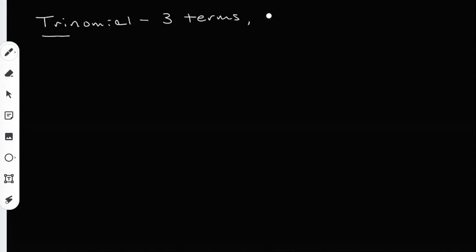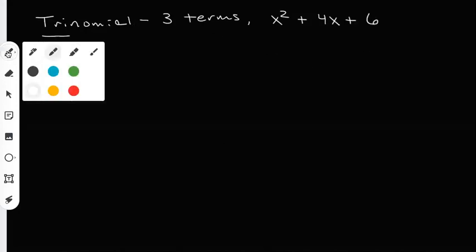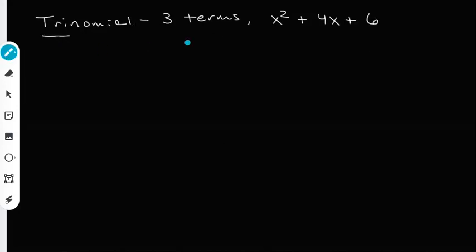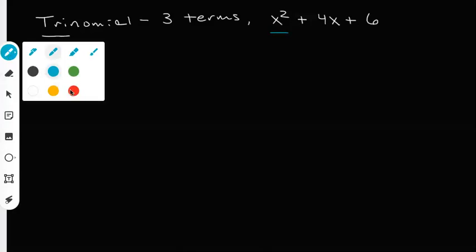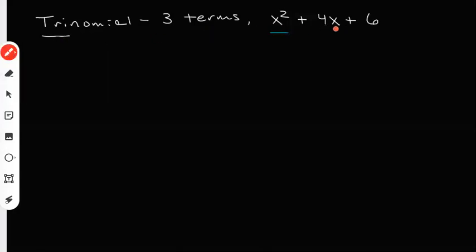Really good examples of these are things like x squared plus 4x plus 6. Notice that this is a polynomial that has three terms, right? The first term is x squared, so I'll underline that in blue. The second term is 4x, I'll underline that in red.